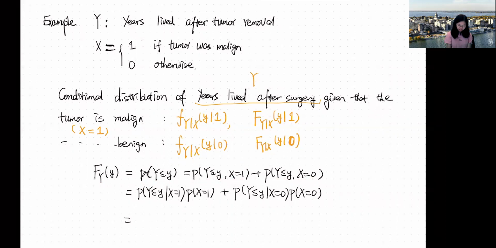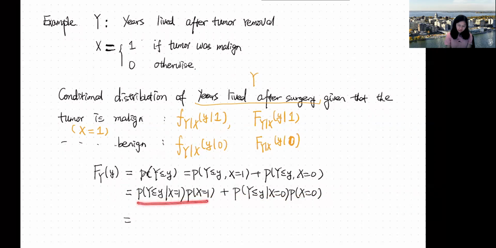And that is equal to the conditional probability of y less than or equal to little y given x equals 1 times the probability that x equals 1, plus the conditional probability of y less than or equal to little y given x equals 0 times the probability that x equals 0. So this equation follows from the law of total probability.